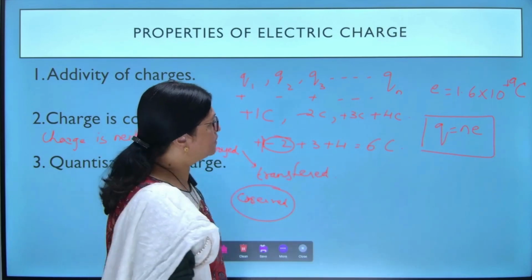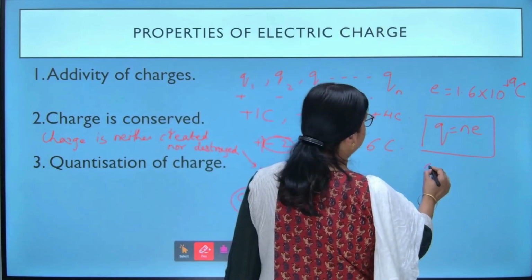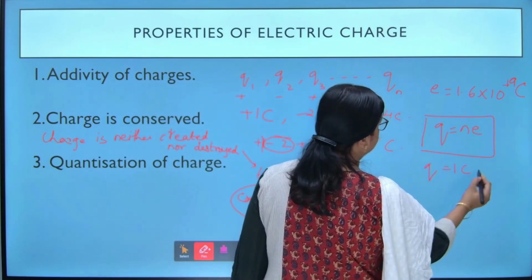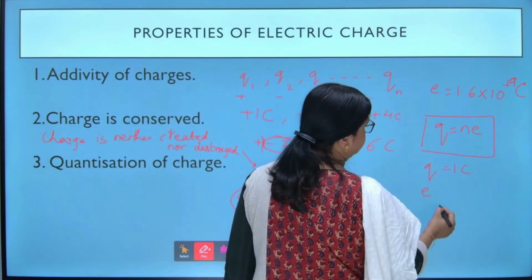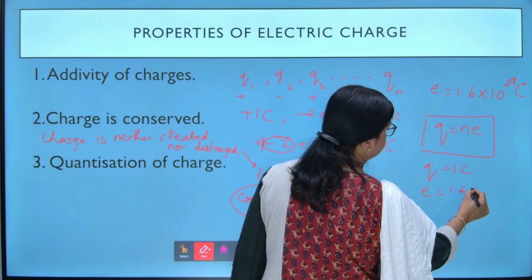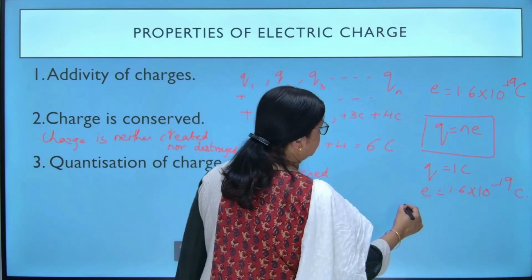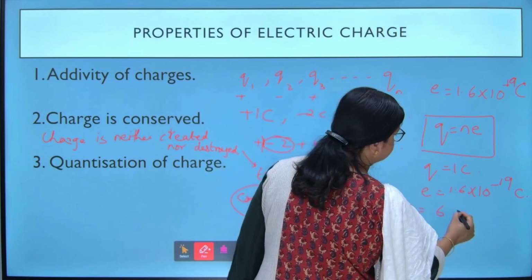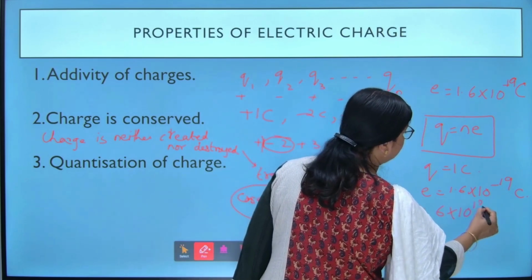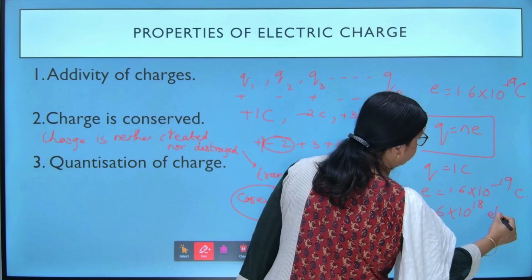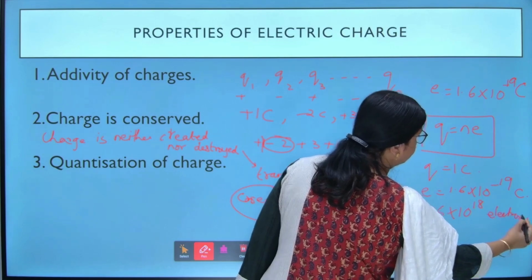If I substitute Q is equal to 1 coulomb, e is equal to, as I mentioned, 1.6 into 10 raised to minus 19 coulombs, I get n is equal to 6 into 10 raised to 18 number of electrons. What does that mean?